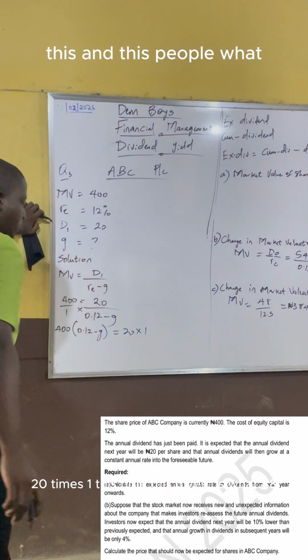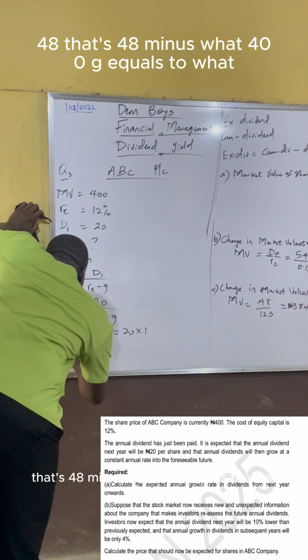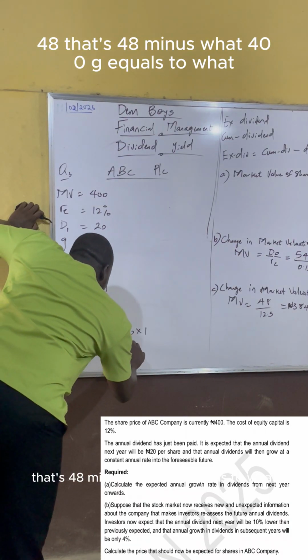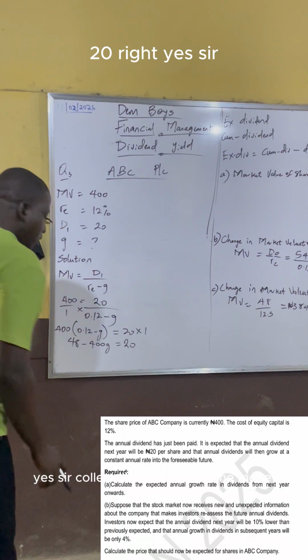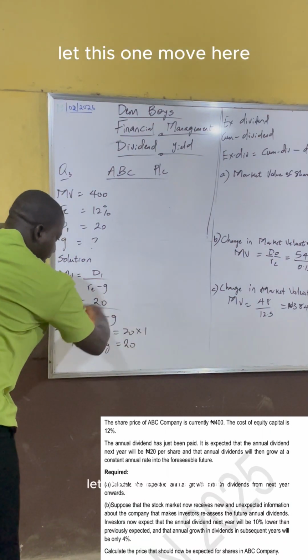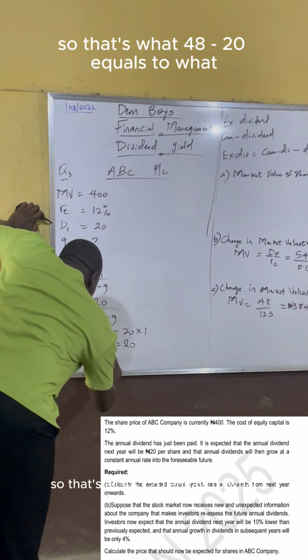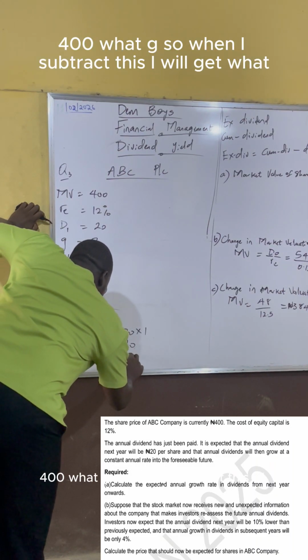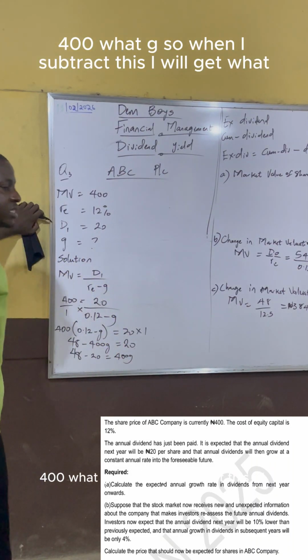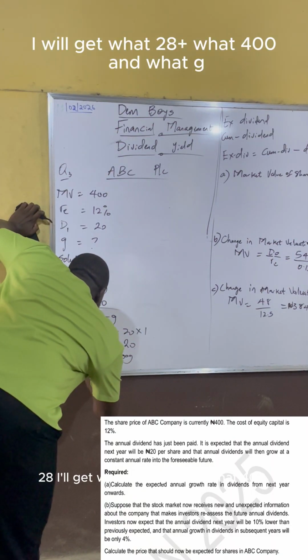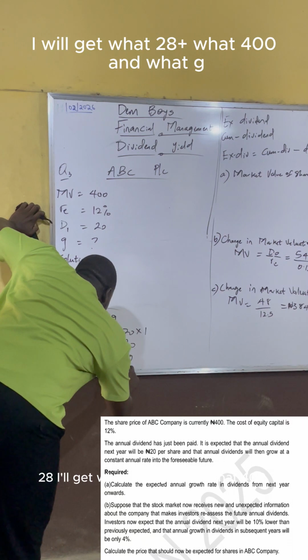That's 48 minus 400G equals 20. Let this one move here, let this one move here. So 48 minus 20 equals 400G. When I subtract it, I will get 28 equals 400G.